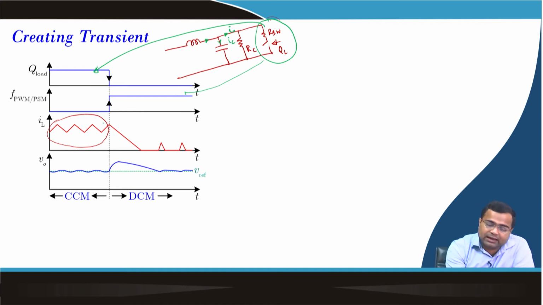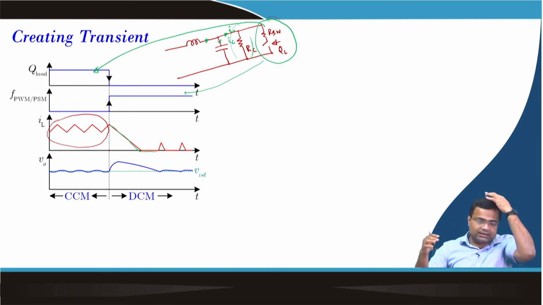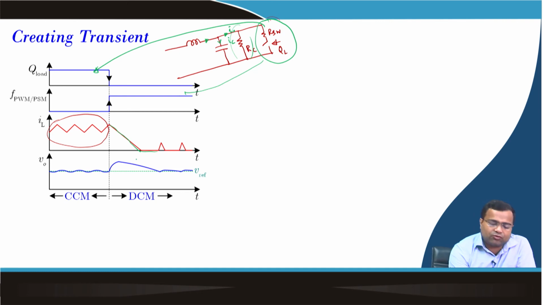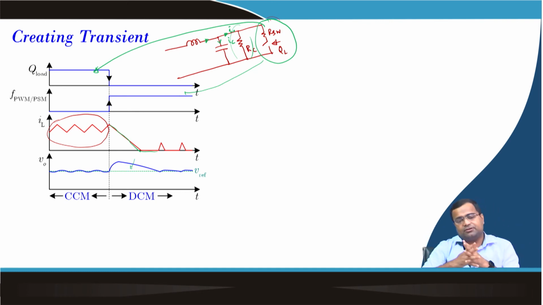To get back to the regulation point, you have to extract the excess charge from the capacitor, but if you purely operate in DCM, the inductor current will hit 0 and remain 0, because there is no other path than this high resistance path. It will take longer, based on the amount of light load current, and this will cause a large recovery time or settling time for a step down transient.